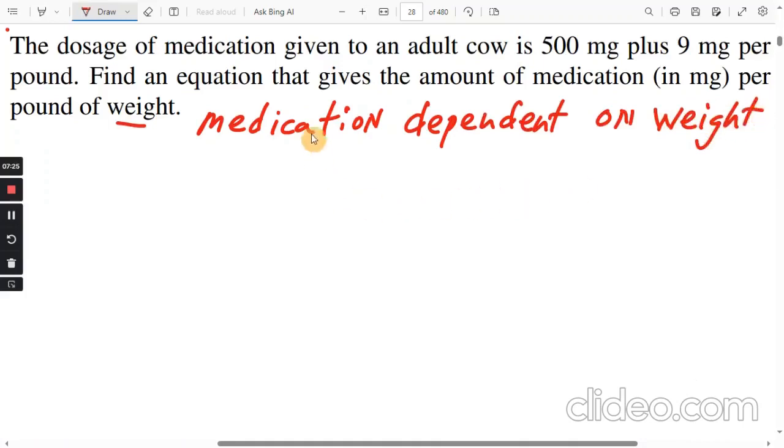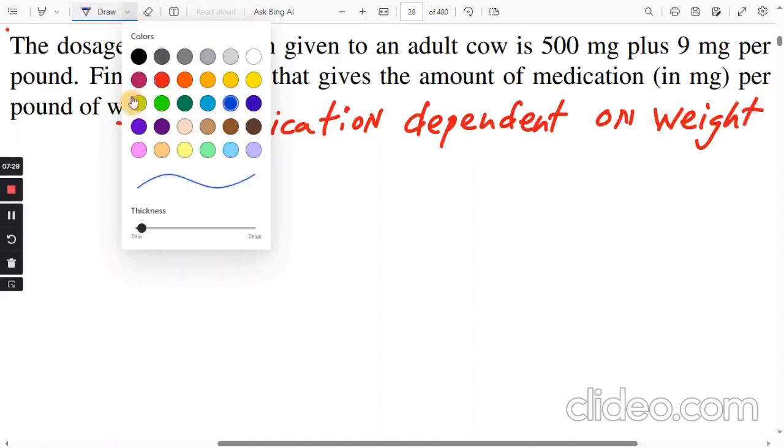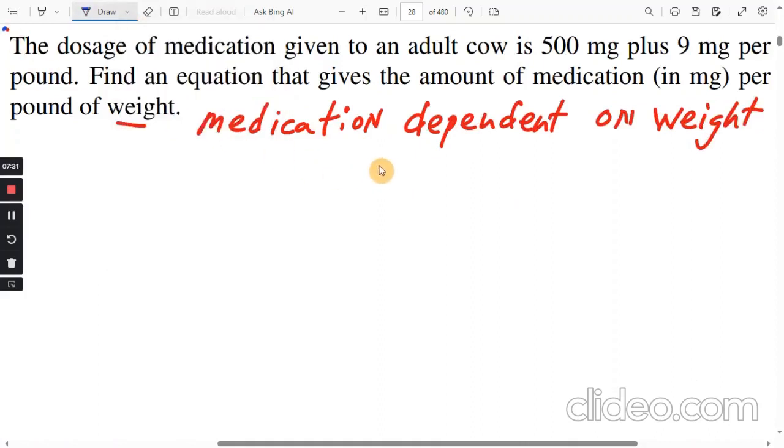So since medication is the dependent variable, the medication is going to be your y, and the weight is going to be your x. All right, so let's make a little xy chart here. It says the medication given to an adult cow is 500 plus 9 per pound.